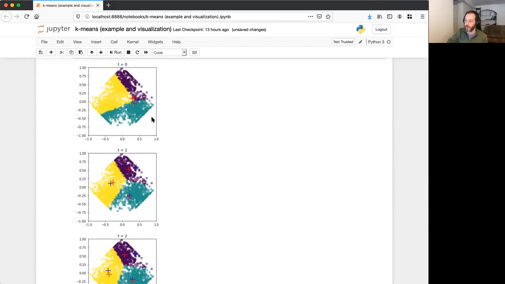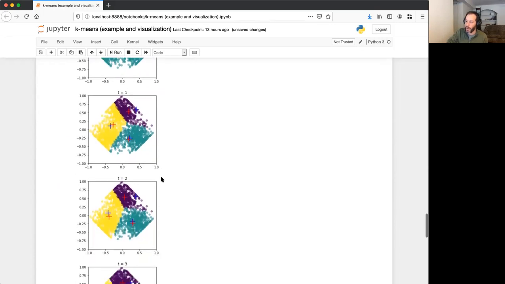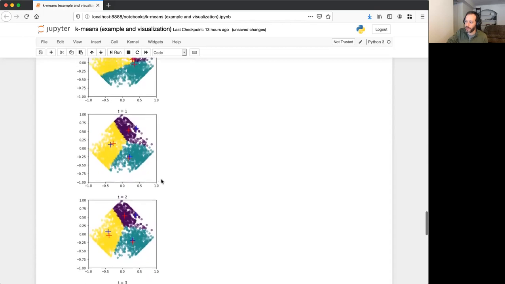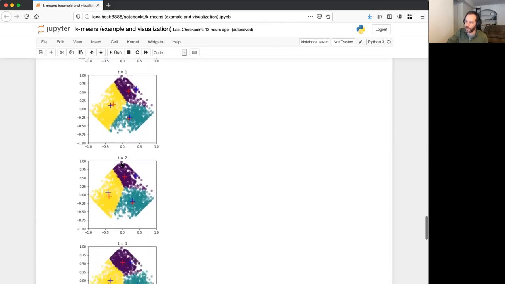Those regions are depicted by the colors of the points. Okay, so when we execute the algorithm, t equals 1, t equals 2, t equals 3, etc., the red crosses show the positions of the centers that the non-private, original algorithm would compute, whereas the blue crosses show the noisy positions, what you would get from the noisy version of the algorithm.